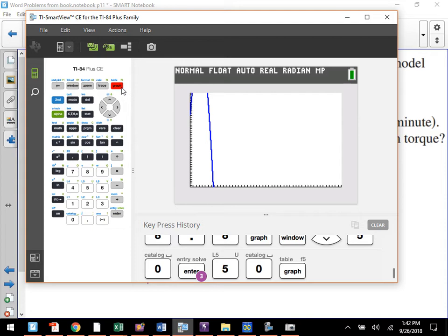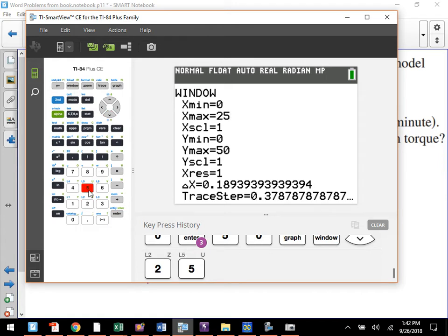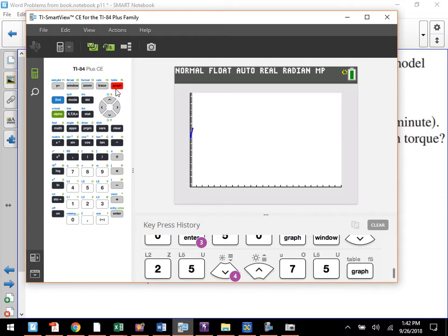We're too far out to the right, but not high up enough, so I'm going to change it again. I'm going to bring back in the X maximum. We'll go to maybe 25, just cutting it in half. And then our Y max, maybe go up to 75. Oh, well, it's better. Just in case I'm not at the very peak there, I might just raise it up to 85 just to double check, and then I'll go from there.